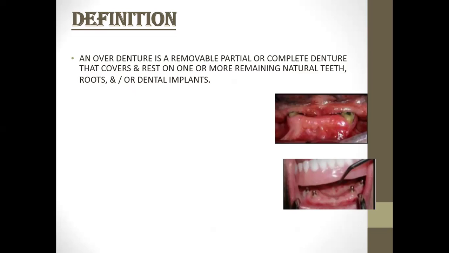The denture is called an overdenture, and the lower image shows a few implants and then some attachments on the implants. So naturally, a denture constructed on top of that would be an implant supported overdenture. So this is by definition.